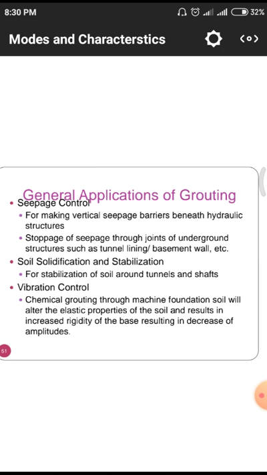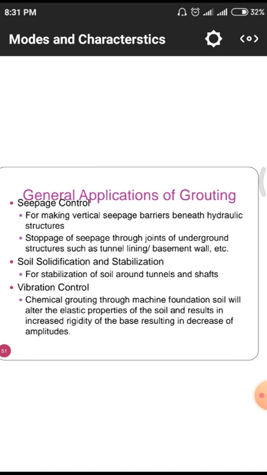So whenever we have these kinds of fractures we have to observe at what depth the fracture is, and whether it is possible to excavate the total soil and repair, or whether there is a cheaper method for arresting the movement of water. This grouting technique is a cheaper method of arresting the flow of water.